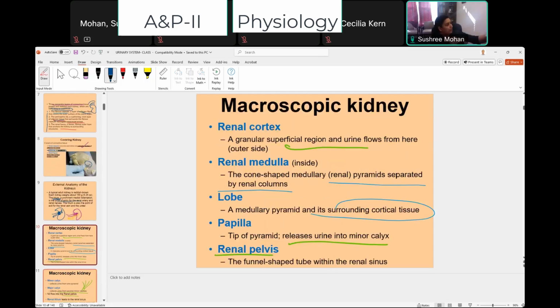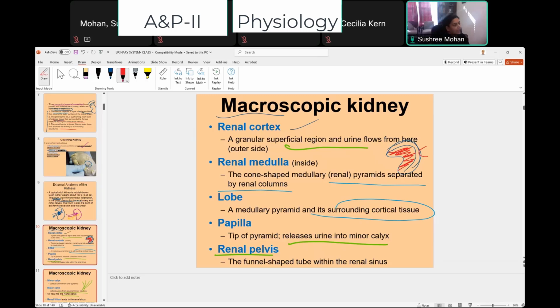So the macroscopic structure of the kidney, how it looks, is the renal cortex, as you can see during the dissection. So if this is the kidney, the top hat, the top portion, that's the cortex, it's superficial. Then the inside part, that's the medulla.